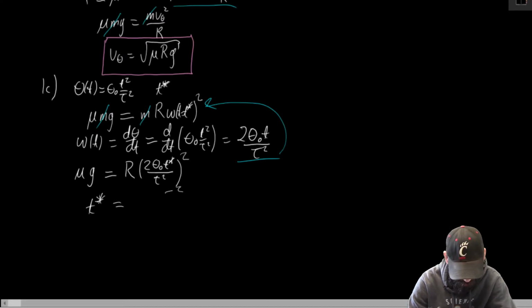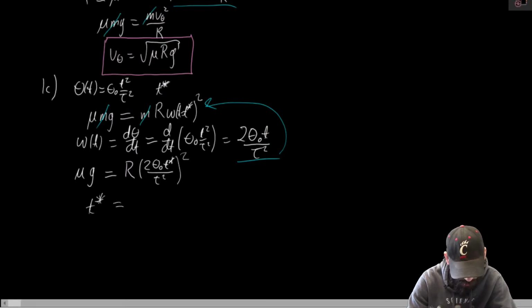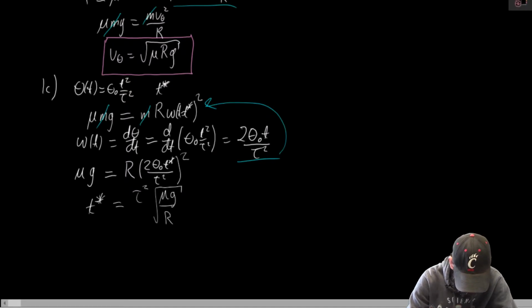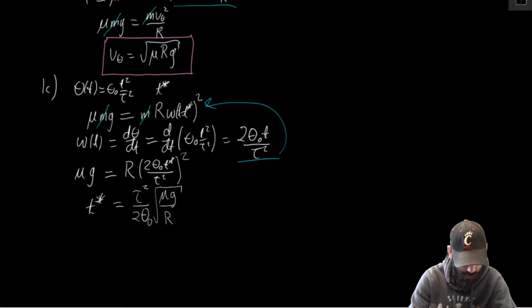When we solve for this, because we're still solving for t star, it is going to be mu g over r, times a square root, times tau squared over 2 theta 0. Okay, so this is the answer to this one.